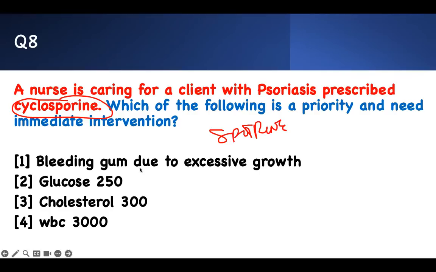Gingival bleeding, gum overgrowth is gingival hyperplasia. It's not important. Glucose intolerance is not that important. Cholesterol, lipids are not that important. Neutropenia, pancytopenia is your biggest problem. White count of 3,000 is a problem. So this is the dangerous one. Trying to be like the examiner.